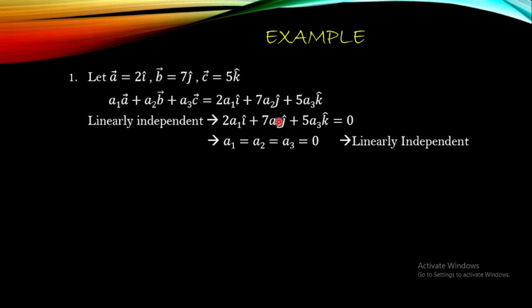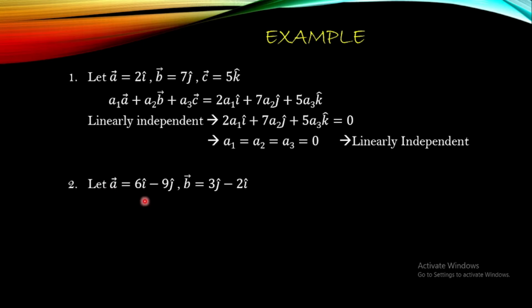Similarly a2 will be equal to 0 and finally a3 is also equal to 0. So we can say that this is forming a linearly independent set of vectors. I hope the picture regarding linear independence is clear. Now let us move on to linear dependency. I am going to consider two vectors.